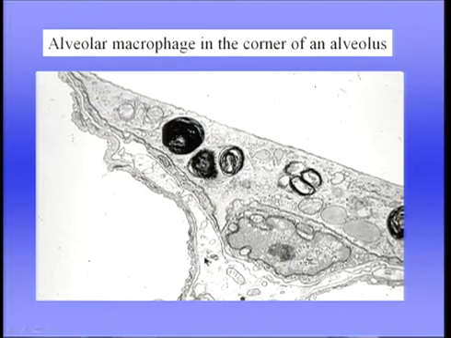And so what you've got is a macrophage lurking in the corner of the alveolus. It has engulfed various particles, including these very electron-dense particles, which are remnants of surfactant. You can always recognize surfactant, because it has this onion skin kind of appearance, a series of whorls.